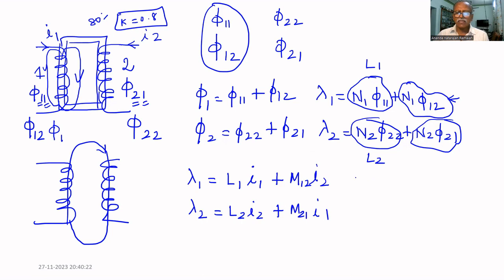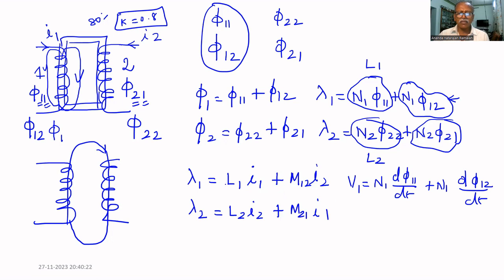What is the voltage induced in the first coil? V equals the rate of change of flux. That is N1 d phi 11 by dt plus N1 d phi 12 by dt. This is V1.